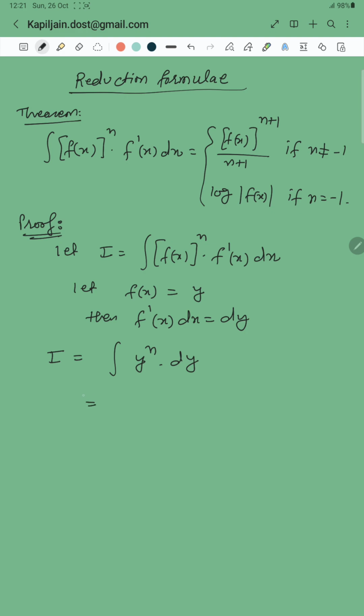So this integral is equal to, we know that, y raised to power n plus 1 divided by n plus 1 if n not equal to minus 1, and this integral is equal to log of mod y if n equal to minus 1.